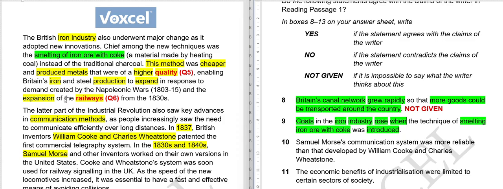Let's see. The British iron industry also underwent major changes as it adopted new innovations. Chief among the new techniques was the smelting of iron ore with coke, a material made by heating coal instead of traditional charcoal. This method was cheaper and produced metals that were of higher quality and so on.